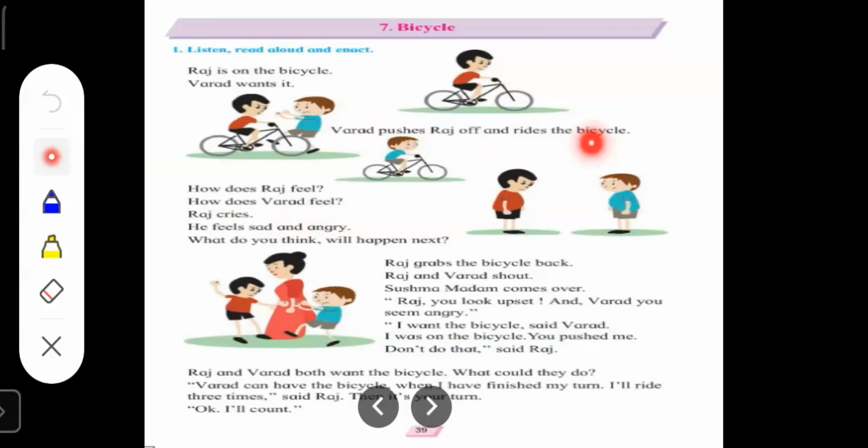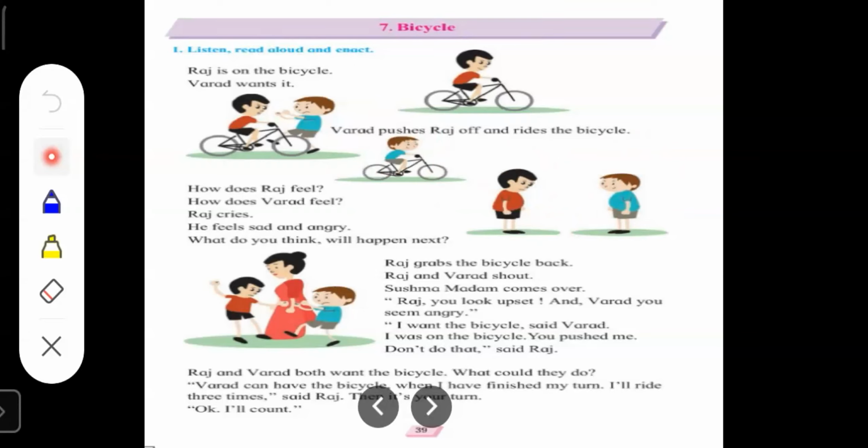No, it is not possible. Why? Because they have only one bicycle and both want to ride the bicycle at the same time. So they began to fight. Instead of requesting, Bharat pushes Raj and he rides the bicycle.